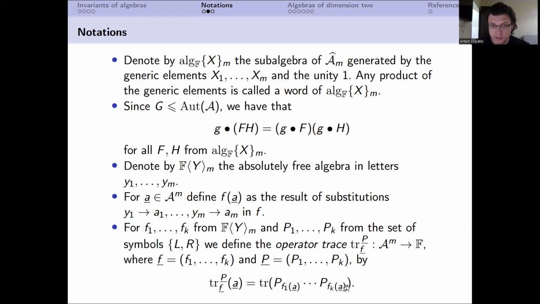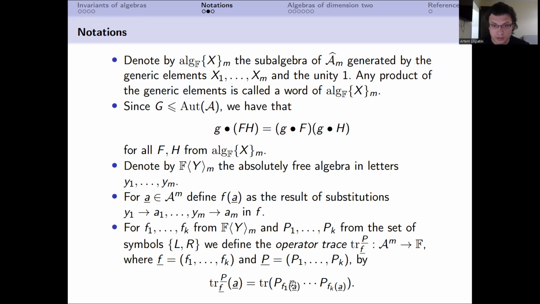And the formula is given here. So what do I mean by p with index? So I pick up p_1 and see, is it L or R? If it's L, then I consider the operator of left multiplication. If it's R, I consider the operator of right multiplication. And then the operator of left or right multiplication depends also on some element from the algebra.